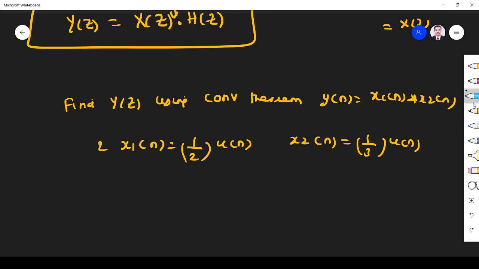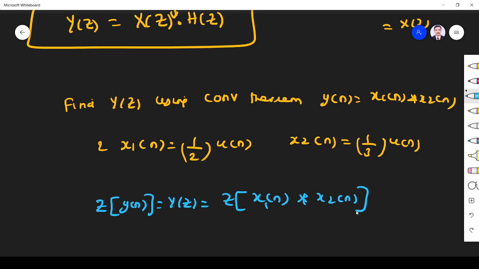What I have to find is the Z transform Y of z. So Z transform of y of n is equal to Y of z, and that is given by Z transform of x1 of n star x2 of n.